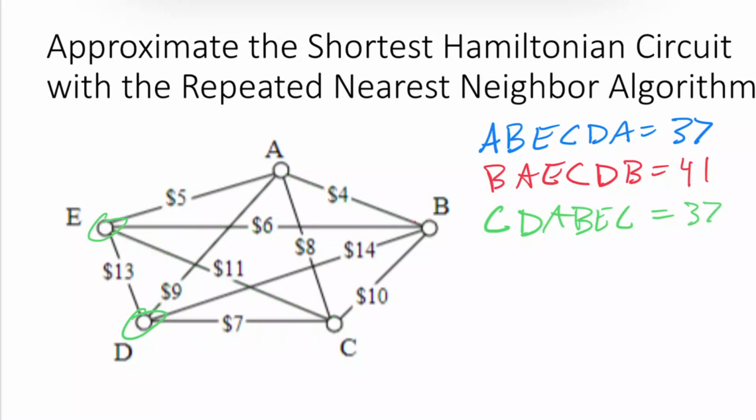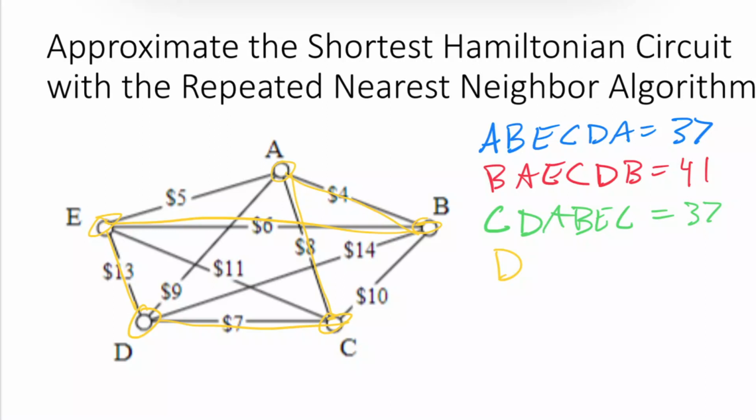And then I'll repeat this again for vertex D. So if I start at vertex D, the nearest neighbor is vertex C. From there, the nearest neighbor is vertex A, and then vertex B, vertex E, and then I have to go back to D because that was my starting point.